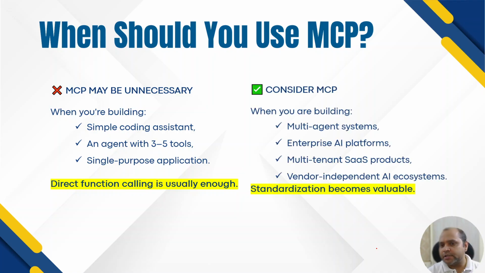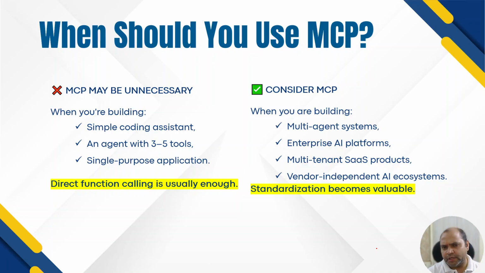You can consider MCP when you are building a multi-agent system, enterprise AI platforms, multi-tenant SaaS products, or a vendor-independent AI ecosystem. Standardization definitely becomes valuable in that area. So if the scope of your application or AI agent is really bigger, you should consider MCP.